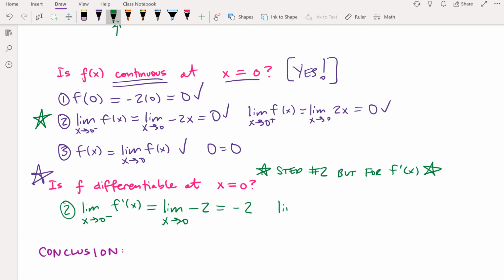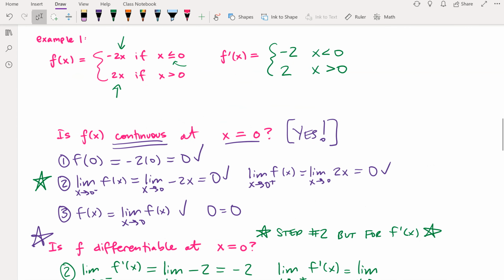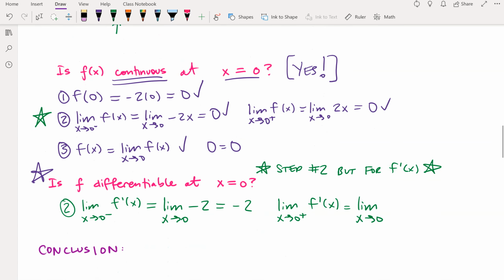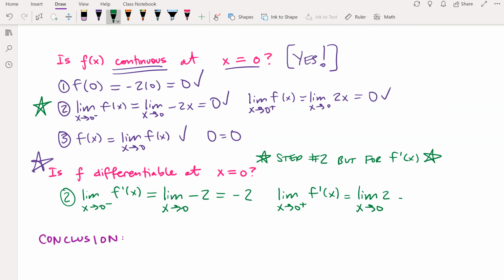Now let's do the limit as x approaches 0 from the right of f prime of x, the derivative function. That's the limit as x approaches 0 of the right piece. Right piece was 2. And the limit of a constant is just that constant, so 2.